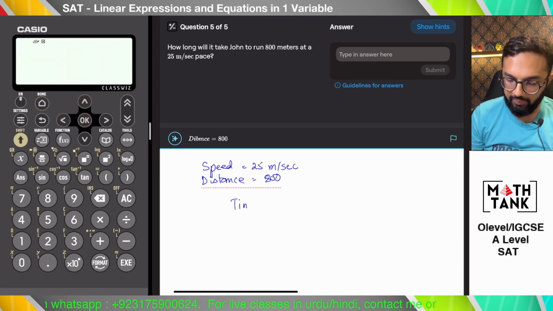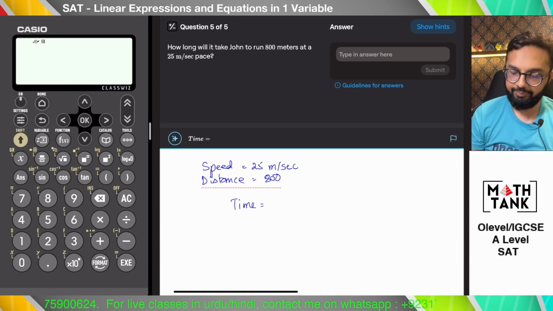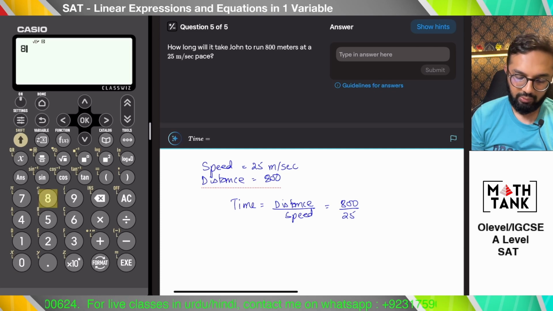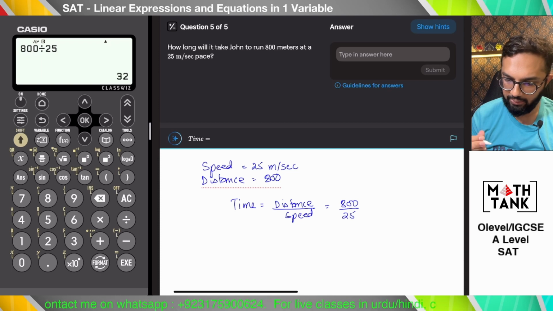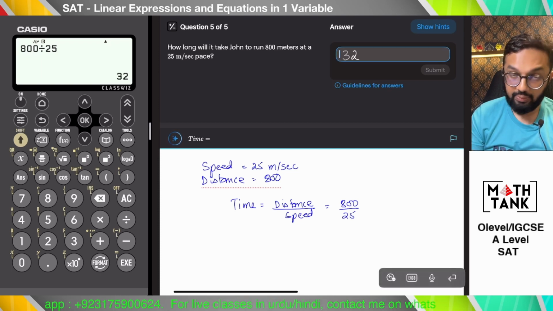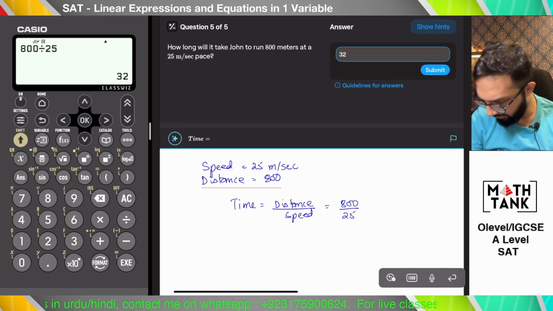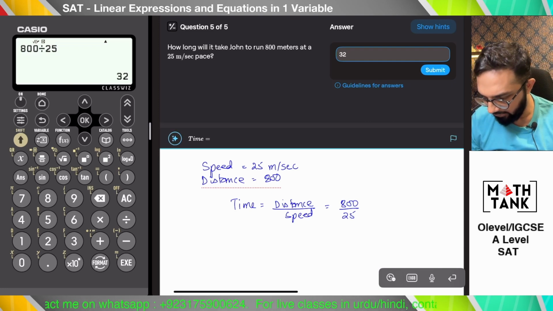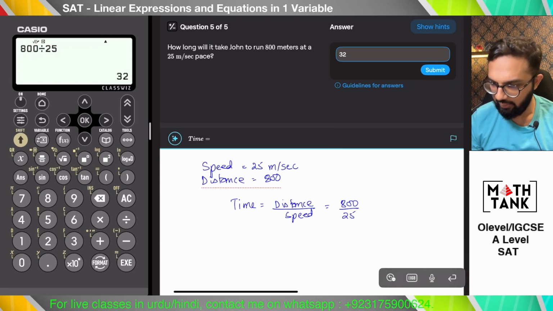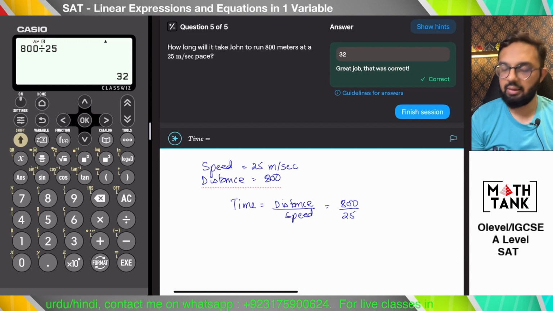So time is equal to distance upon speed. So 800 divided by 25. That gives me 32. Now, since there's no indication as to what units I'm using, I'm a little confused myself, but let's see if we get the correct answer. Oh, that is the correct answer.